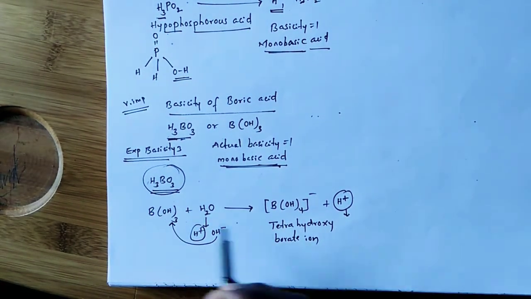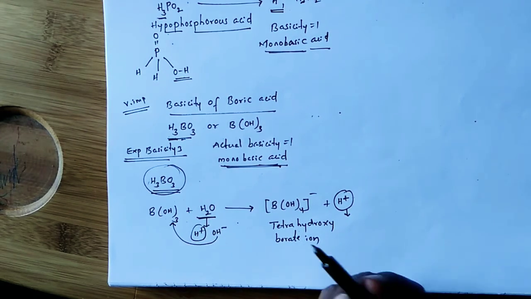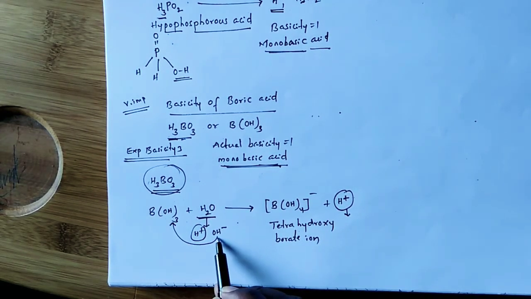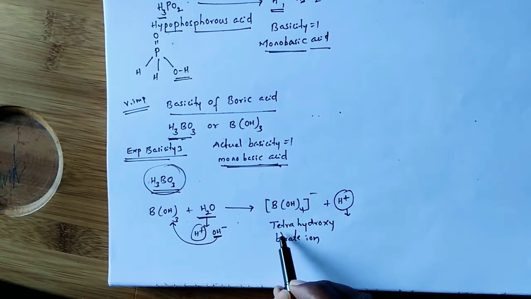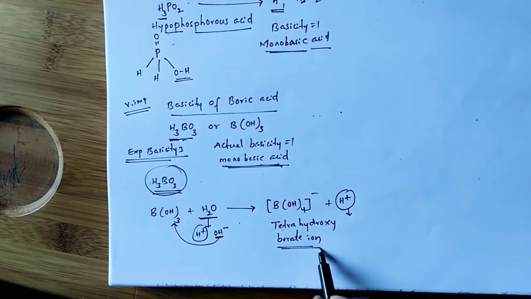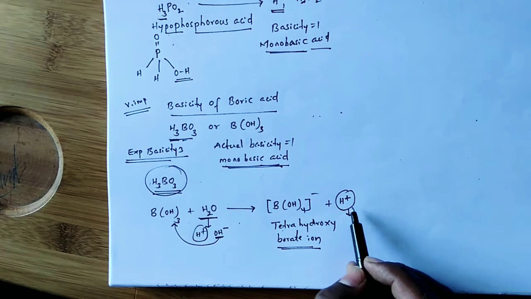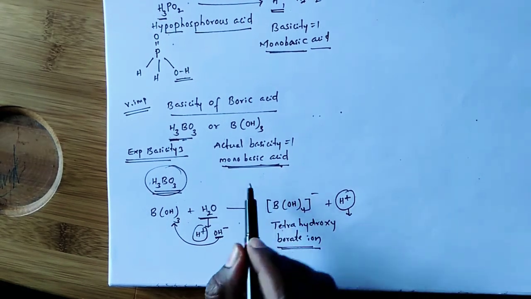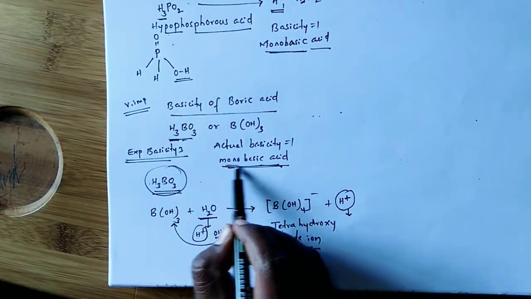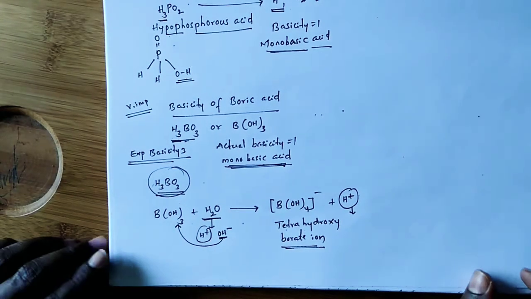From where is it coming? From the water molecule. How? Boric acid accepts a pair of electrons from OH minus ion and forms tetrahydroxy borate ion. From the water molecule, one H plus ion is left in the solution. Due to this H plus ion, boric acid acts as a monobasic acid.